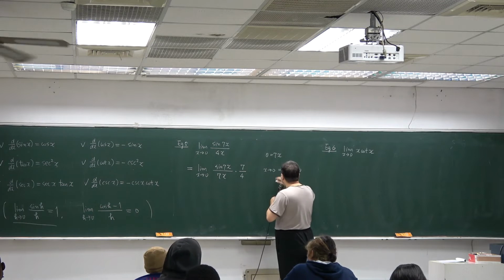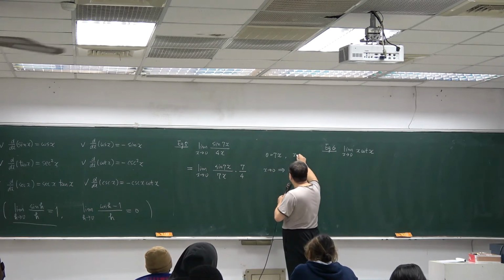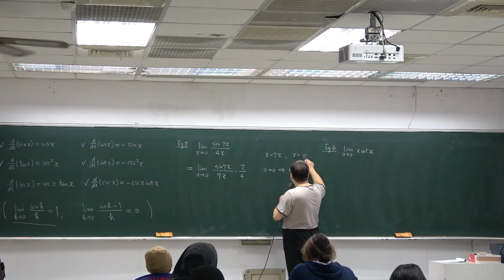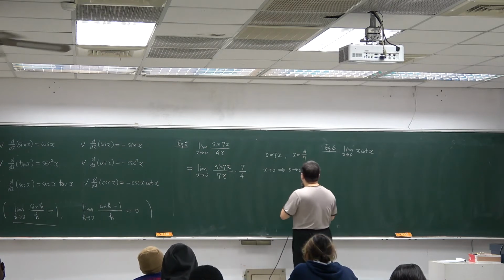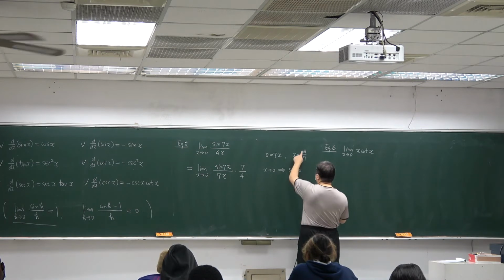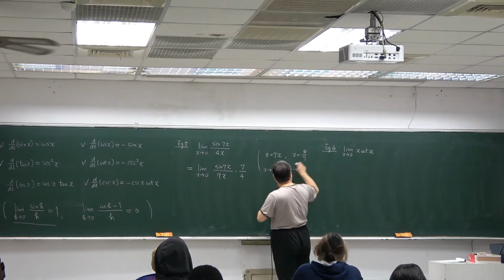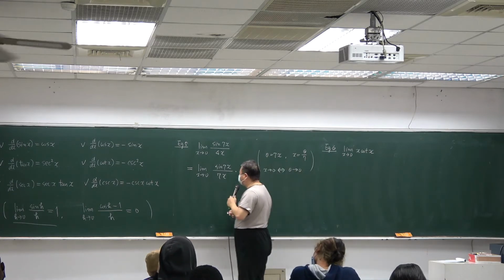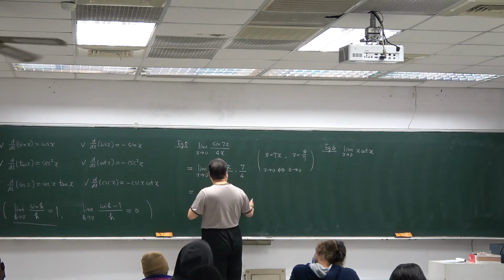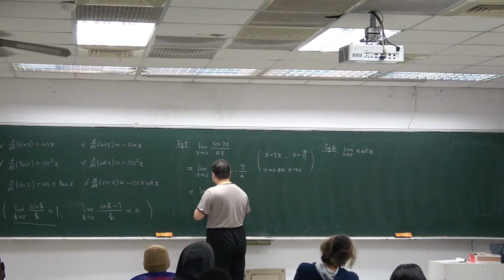Conversely, x is also a function of theta. This is also a polynomial of theta. When theta approaches 0, x also approaches 0. So we can express this limit in terms of theta.